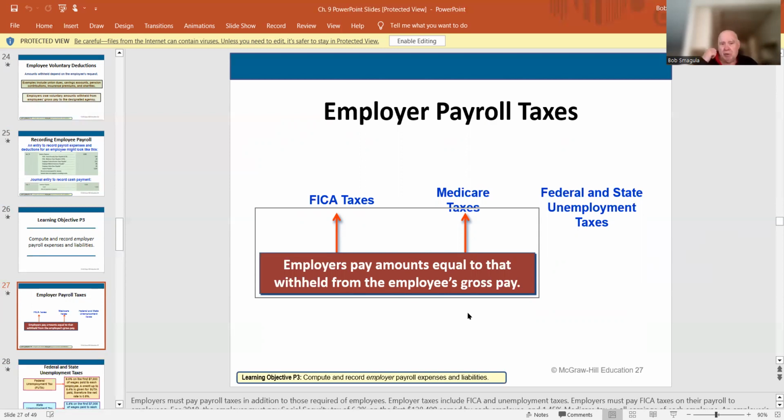So employer payroll taxes are FICA taxes plus Medicare to the extent that the employees paid. And then they also pay what's called unemployment taxes, FUTA and SUTA, federal unemployment tax, state unemployment tax, and they're very tiny percentages paid only by the company, not by the employee.